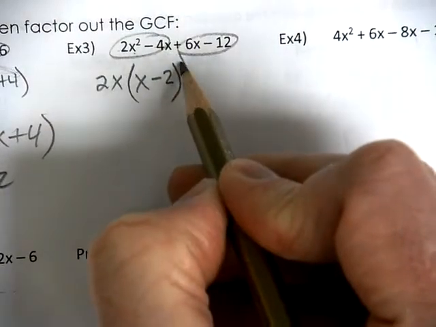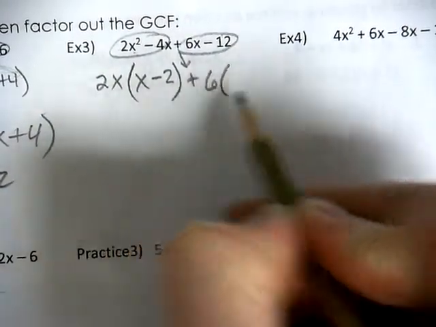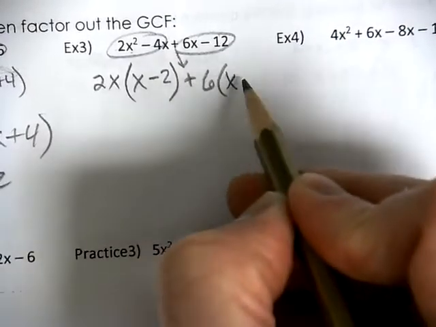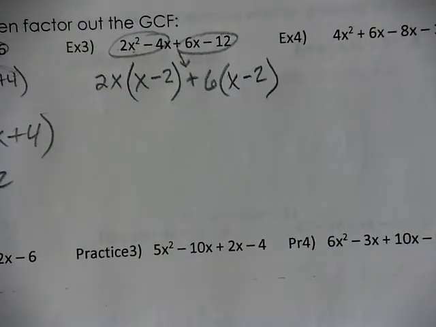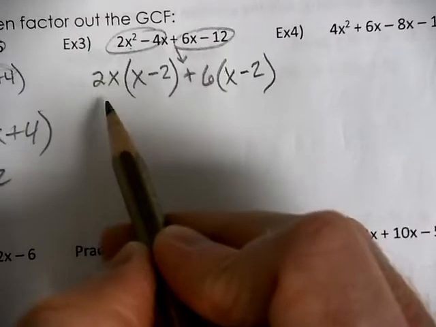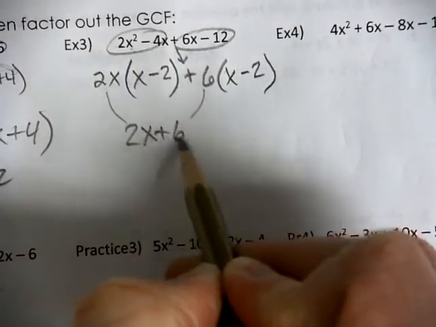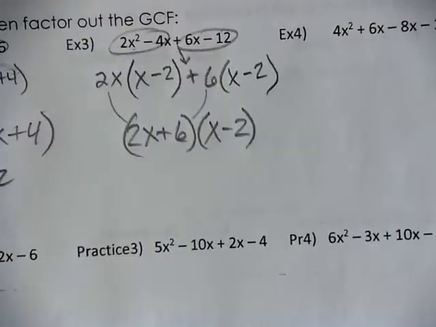Bring down my sign. Factor out my 6. 6 times x, 6 minus 2. And I get 2x plus 6 and x minus 2.